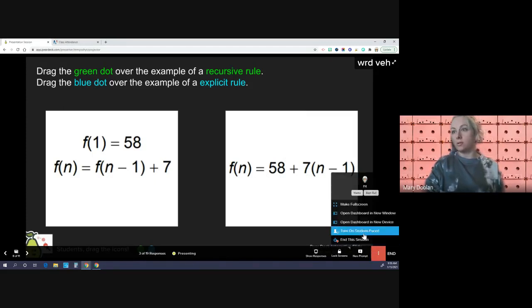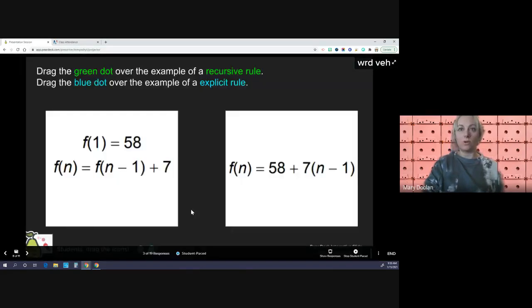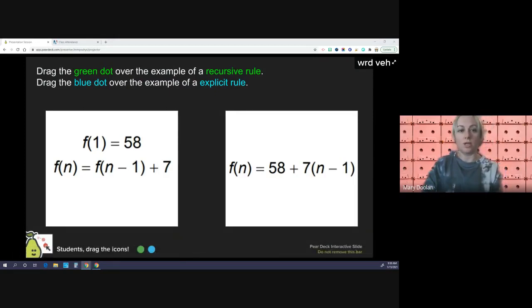I'm going to put you on student pace so you can answer this one if you want to go back and look at the definitions. I'll give you a minute to do this. Drag your dots. Gotta drag the blue and drag the green. You can go through the slides right now. I put you on student pace.